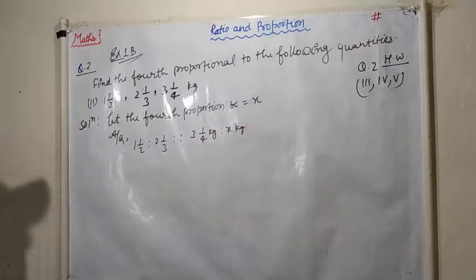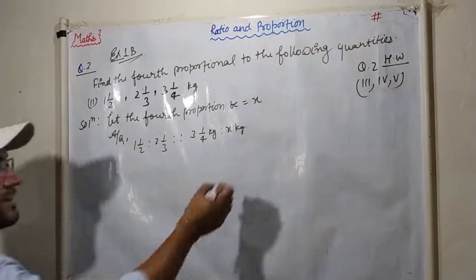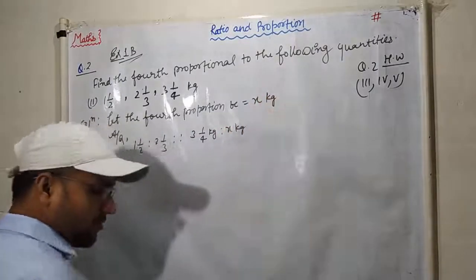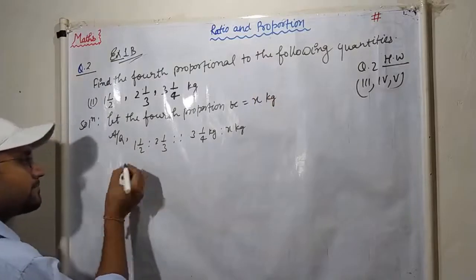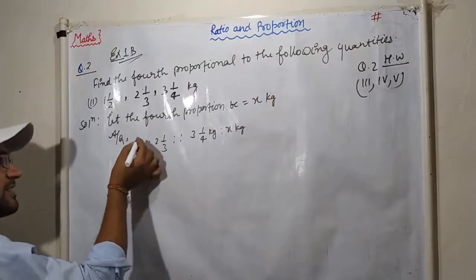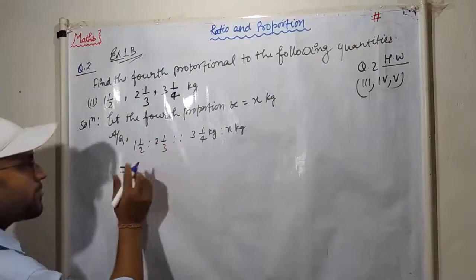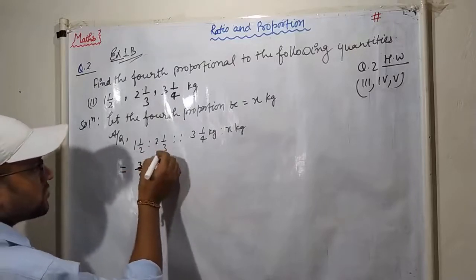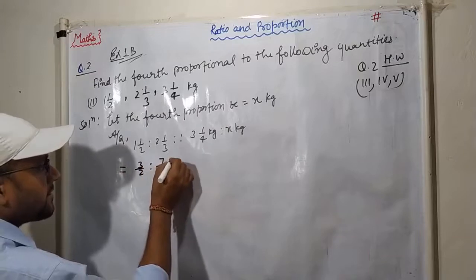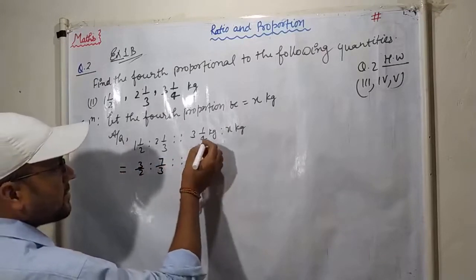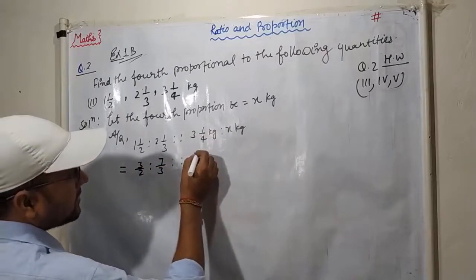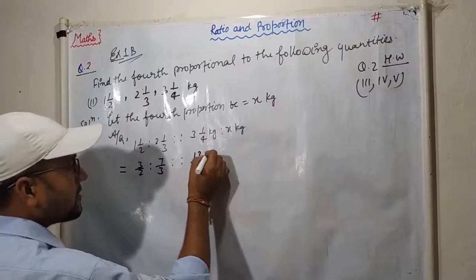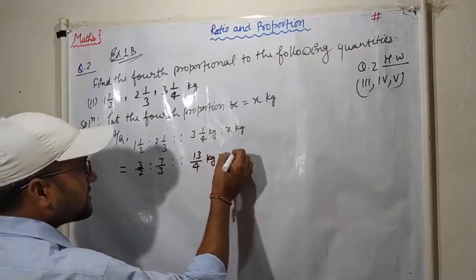Here we take this kg. Change it into improper fractions: 2 ones are 2, 2 plus 1 is 3, so 3/2. 3 2s are 6, plus 1, 7 by 3, is as 4 3s are 12, plus 1, 13 by 4 kg to x kg.